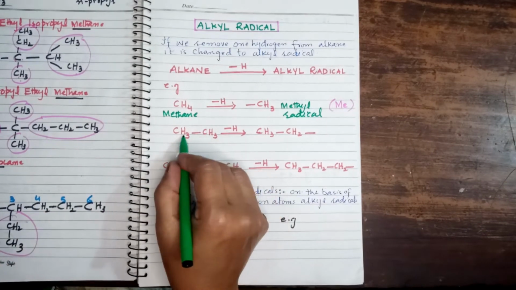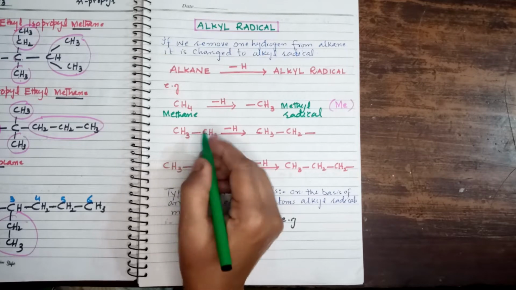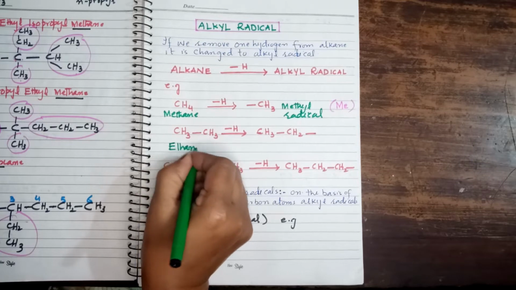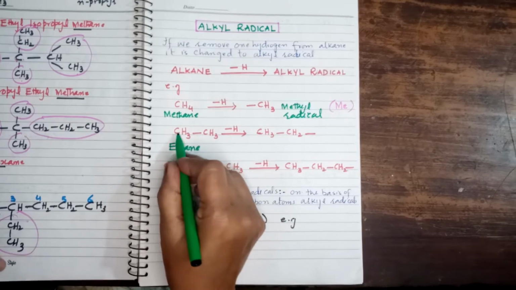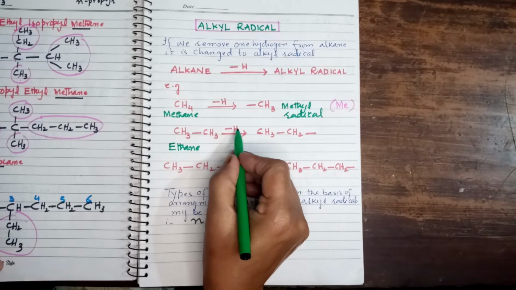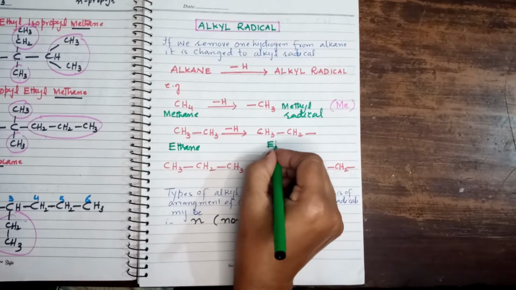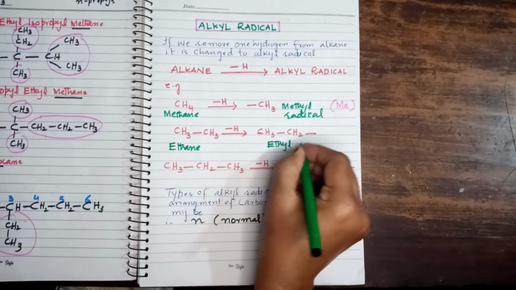Similarly, if we have a two carbon alkane, that is ethane, after the loss of one hydrogen it changes to ethyl radical.